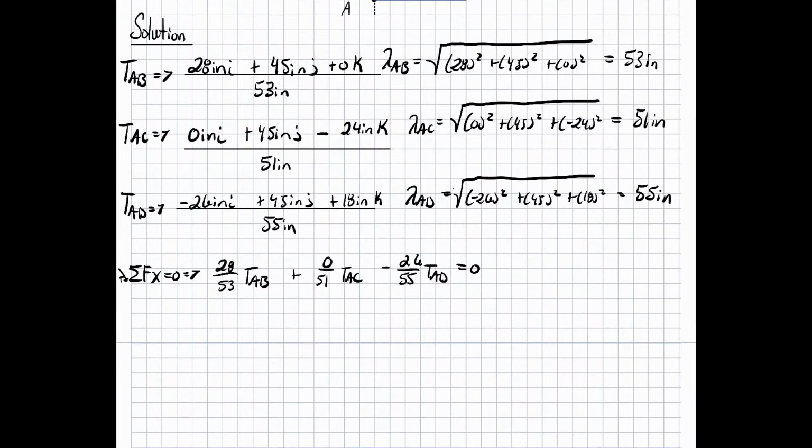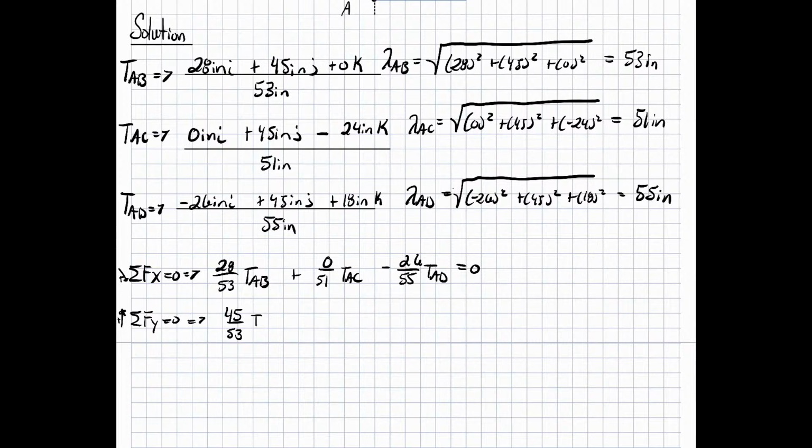Continuing on, we're now going to sum forces in the y direction, equals 0. We're going to state it's positive going up. All of these are going to be in 45, so just the division is going to make the difference.